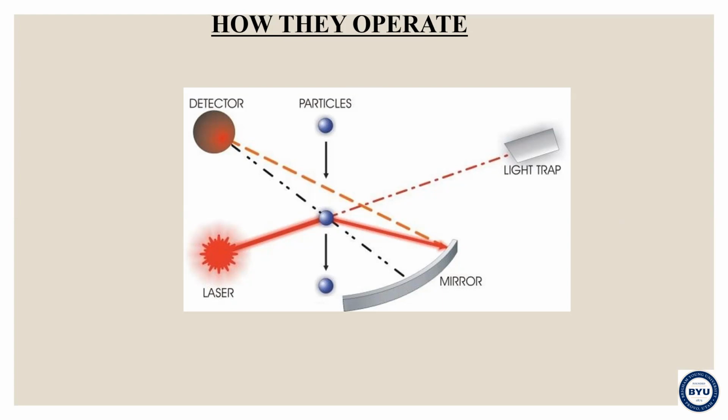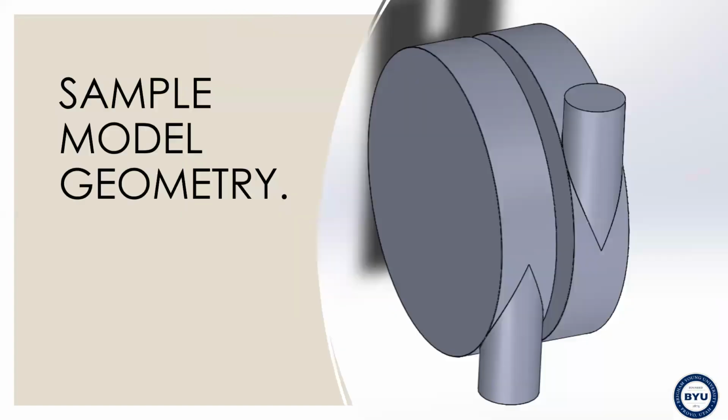There's a detector that detects the light that is being scattered. Not all of them, but most of them have mirrors or lenses, focusing mirrors or lenses to focus this scattered light onto the detector. The detector measures the intensity of this scattered light, and there are some algorithms that are written to calculate the concentration of the particles. This is how these instruments work.